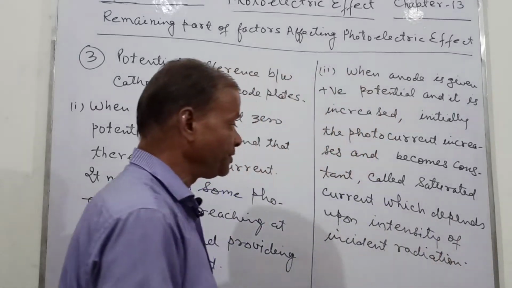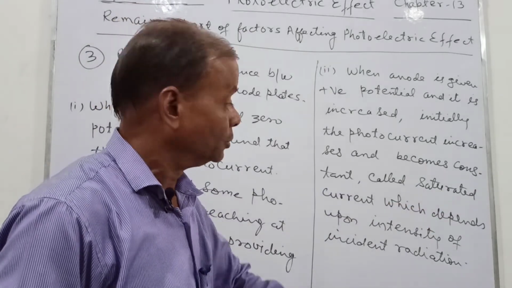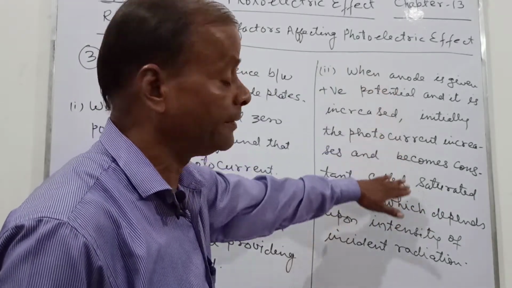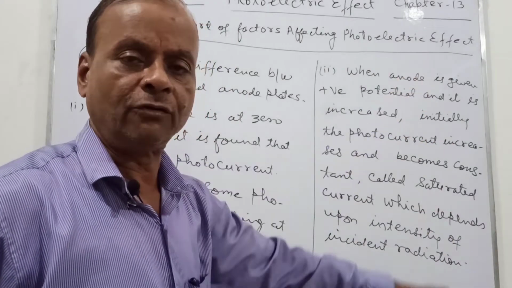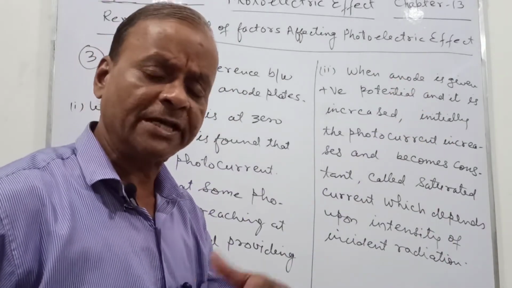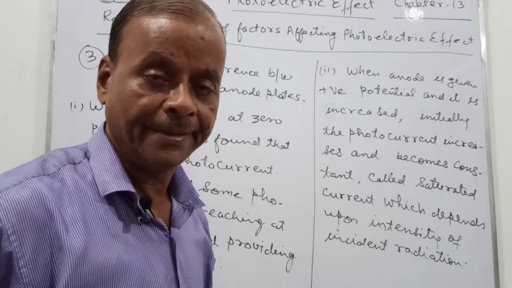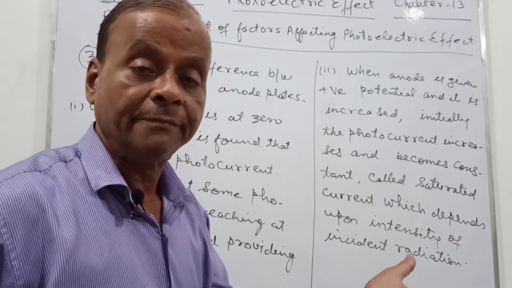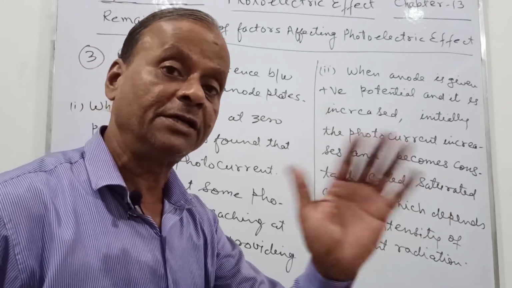It means that if we change the intensity, then saturated current will increase. This is what happens when we increase the positive voltage on the anode plate. Suppose the anode plate is given the negative potential, then what will happen? The negative potential will repel the electrons. So the photocurrent will decrease.